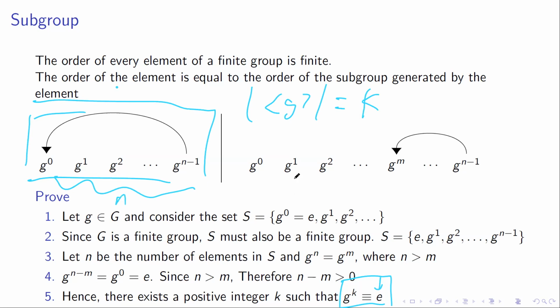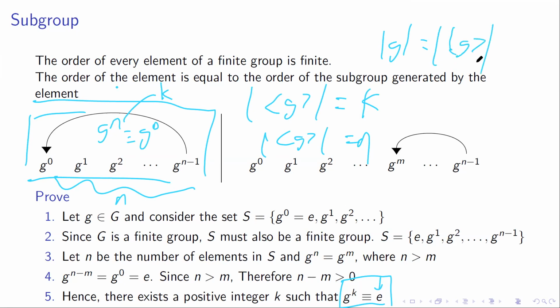There are N elements, and we know that if there are N elements, Gn is equal to G0. So the order of the element is actually equal to the order of the subgroup generated by the element. So this completes the proof.